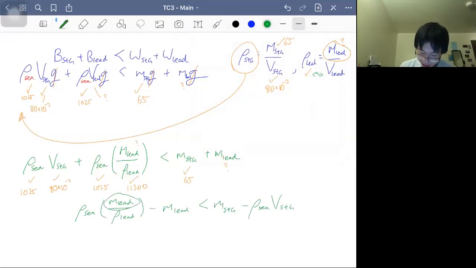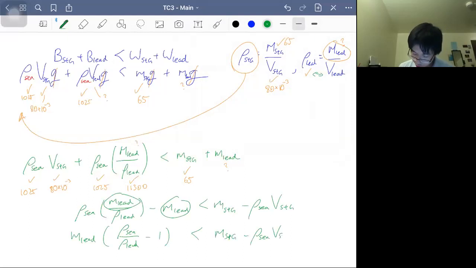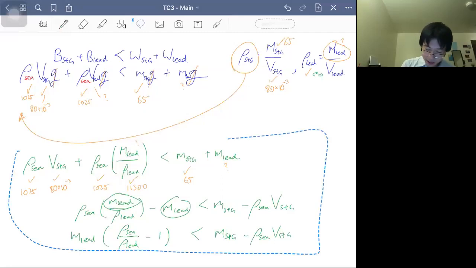Here you can factor this out, right? So it's mass of lead, rho of C over rho of lead, minus 1, S plus G, minus rho C. So finally, you see where this is going.